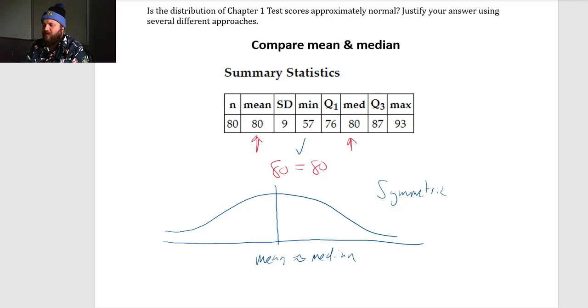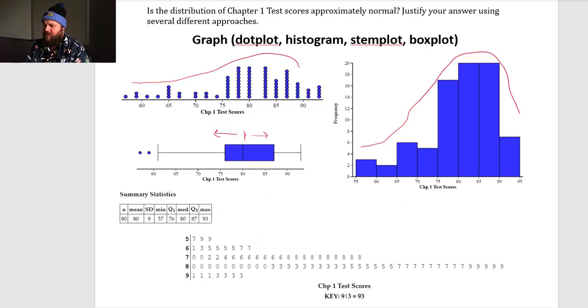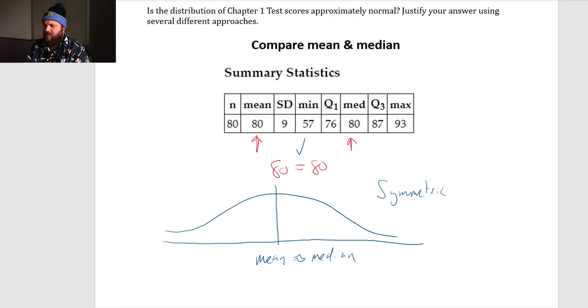Okay, so that one checks off for sure with looking like an approximately normal distribution. So with our graphs, they're working pretty good. Then with our compare mean and median, it definitely falls in line with being approximately normal.